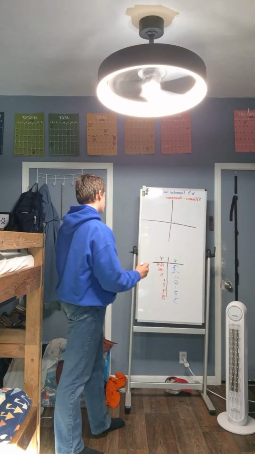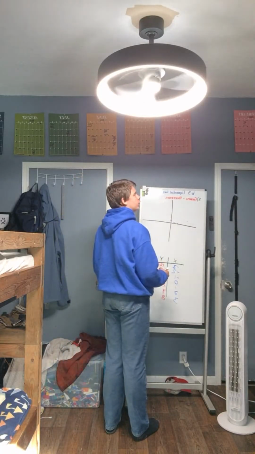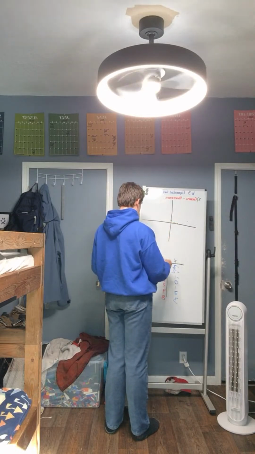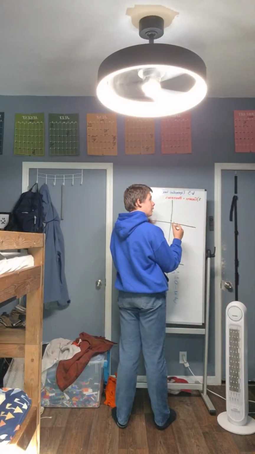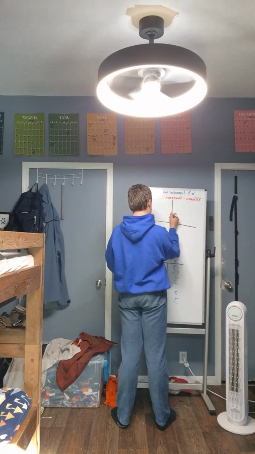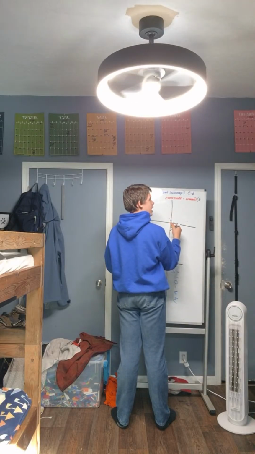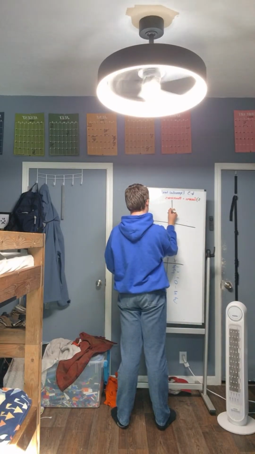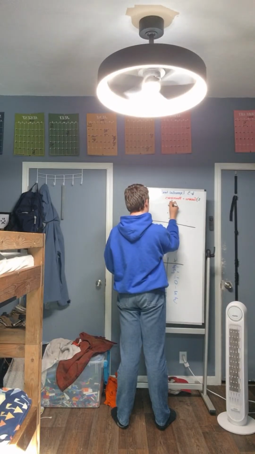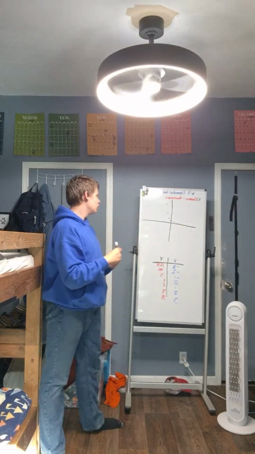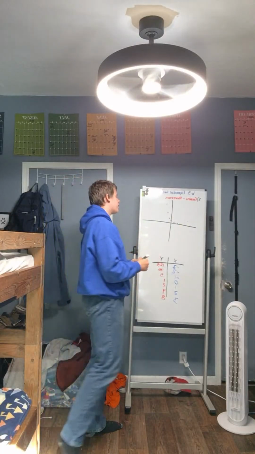So now we're going to move up. Wait, no. We're already at 0, 1. So now we're at 1, 2. And then 2, 4. And then 3, 8. Okay, so now let's connect the dots.